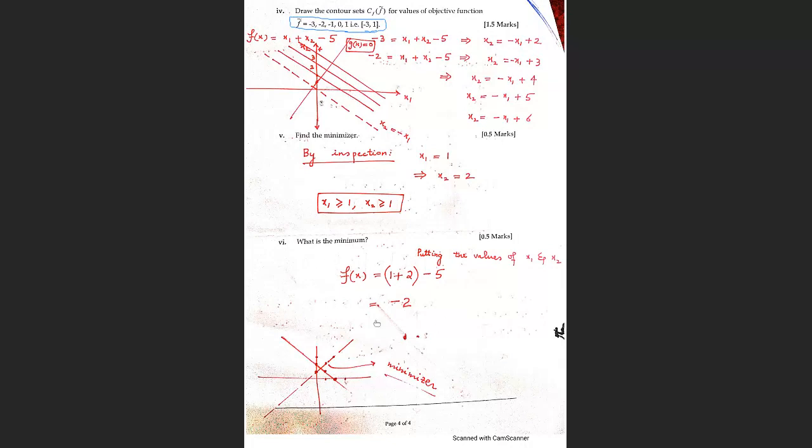Now here again, let's see what happens if we make a mistake. This point is the minimizer. Let's say we make a mistake and we are not sure, for example. So let's take this point, where x1 is 2, and if x1 is 2, then x2 is x1 plus 1, so it would obviously be 3.